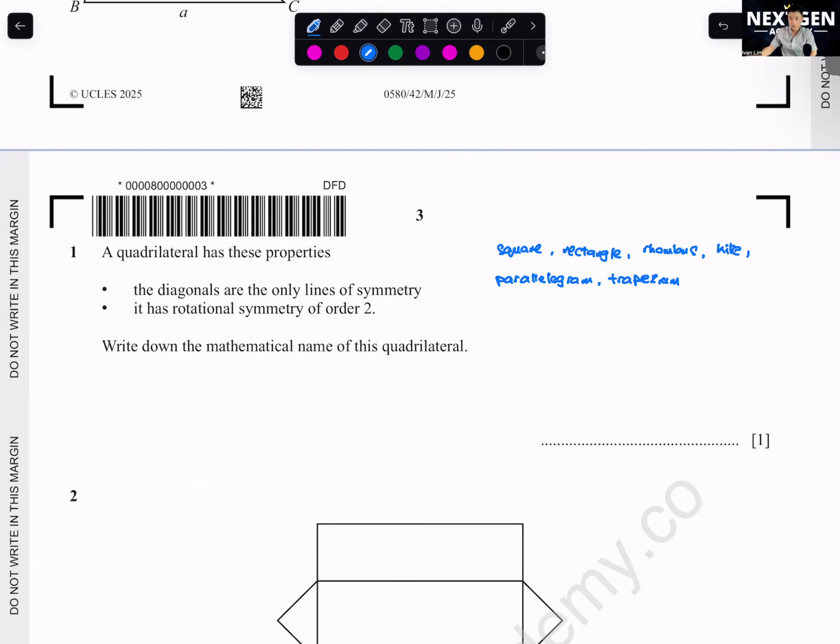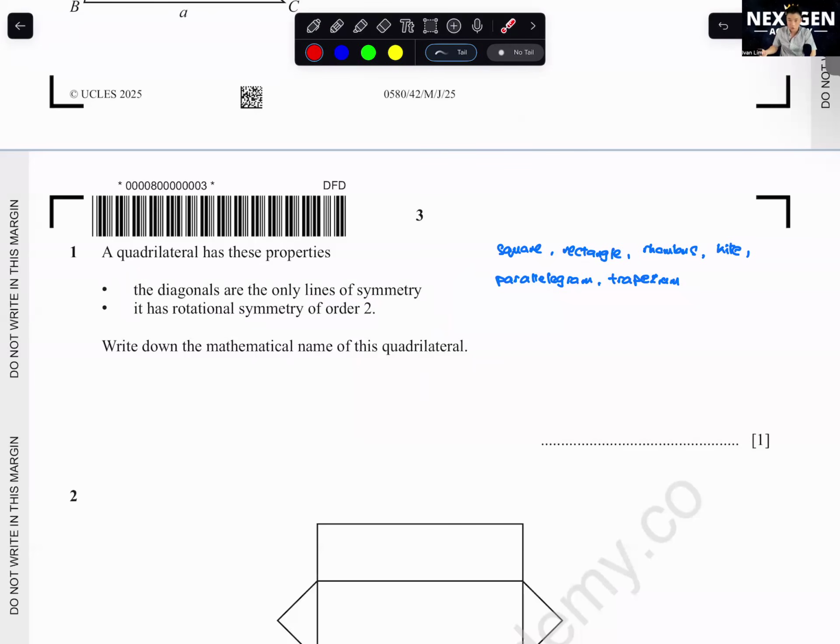Even though this is a 1 mark question, I've actually seen this question come out before. They like to ask related to quadrilaterals, and because there are quite a few quadrilaterals, they give you a property. Most of us probably don't memorize specifically how many lines of symmetry a square has, or rotational symmetry of order 2. So how do you do it?